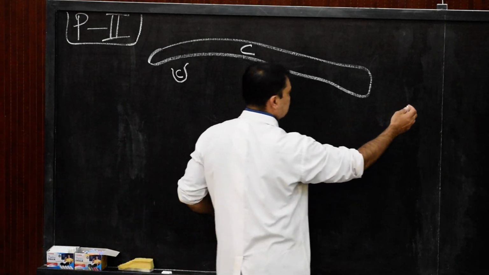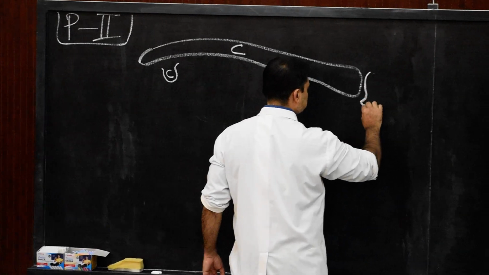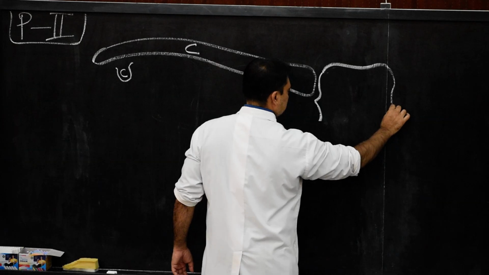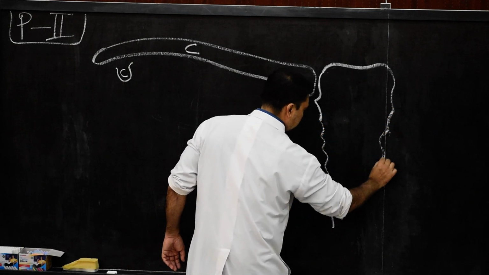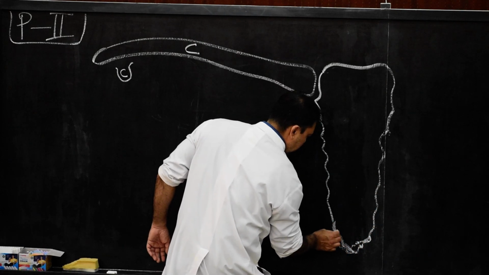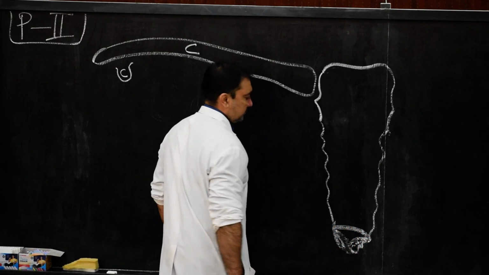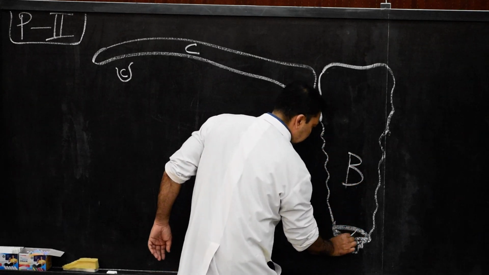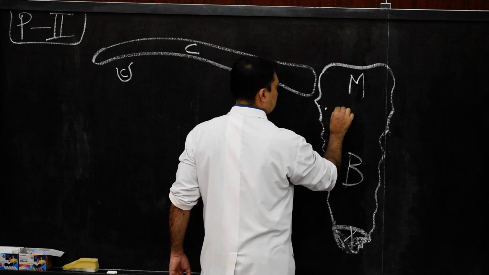And over here at this side we are going to show the manubrium sterni. We draw the sternum till the end, and below we show the xiphisternum. So this is the manubrium, the body of the sternum, and the xiphisternum.